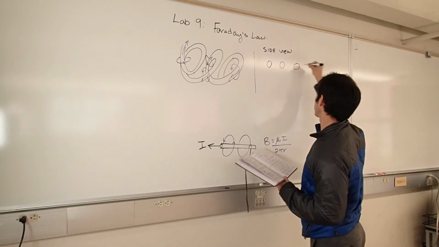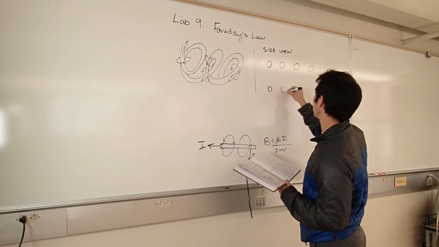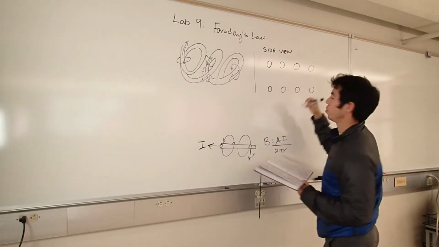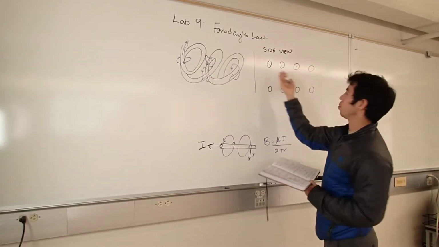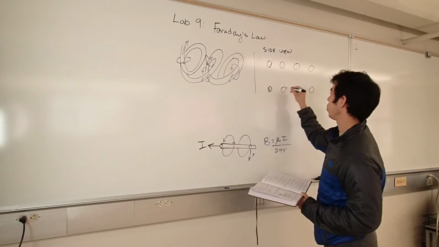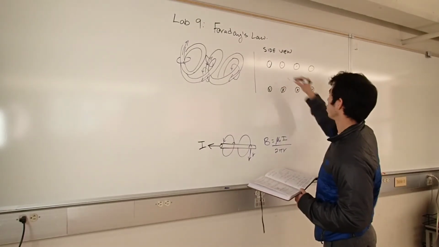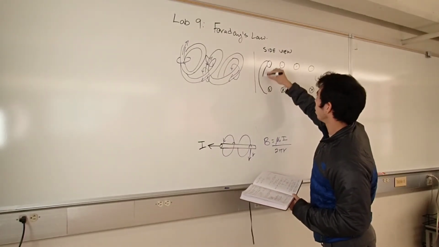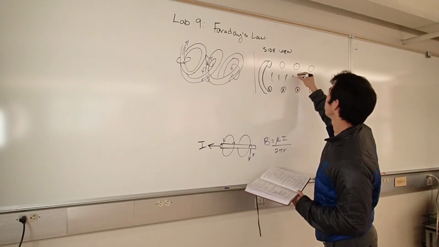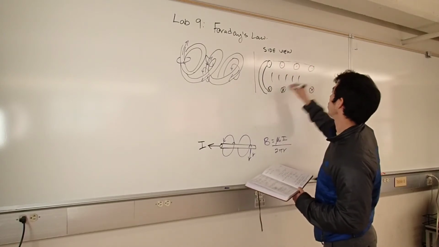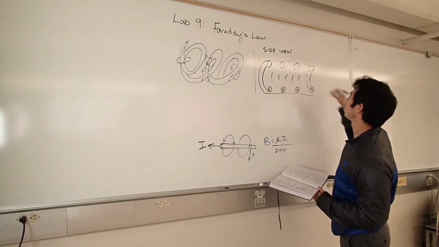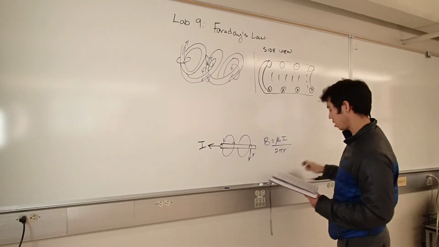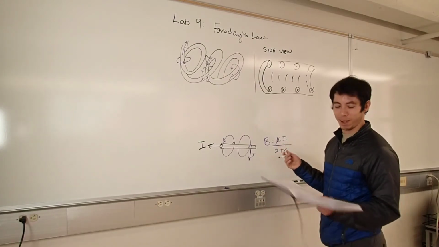This is a cross-section of the solenoid, where these circles represent the wires. On the top we have the wires coming out of the board, and on the bottom we have the wires going into the board. Kind of like a half cylindrical shell. Make sense?